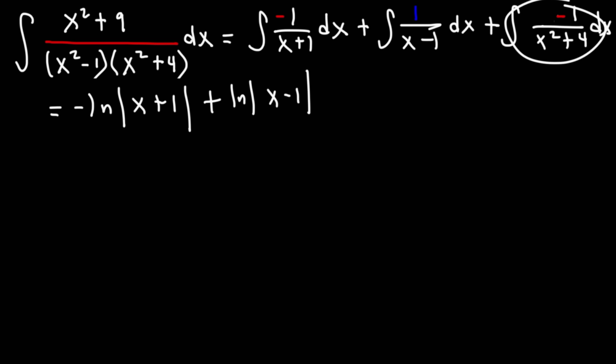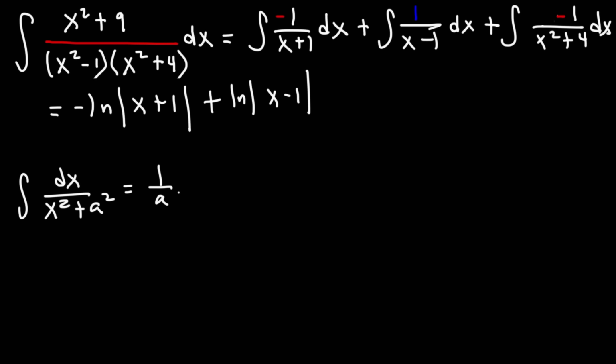Now this part here, there's a formula that can help us to integrate it. If you wish to find the integral of dx over x squared plus a squared, this is going to be 1 over a arctangent x over a plus c.